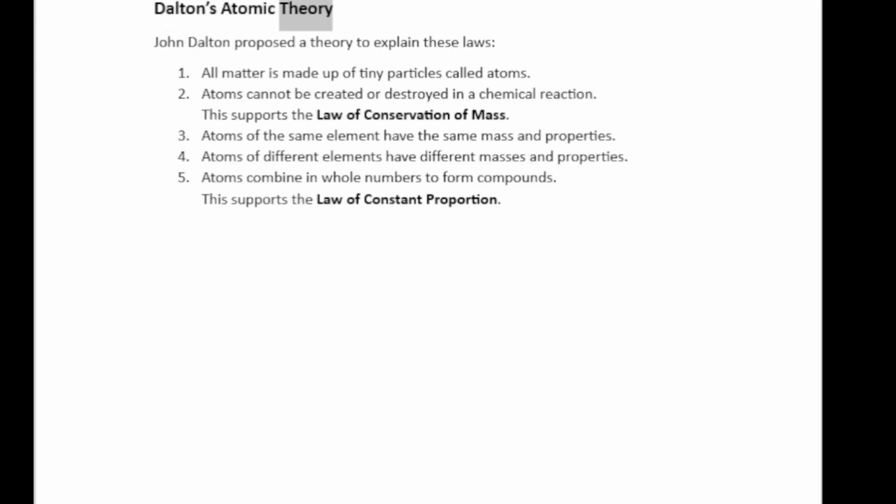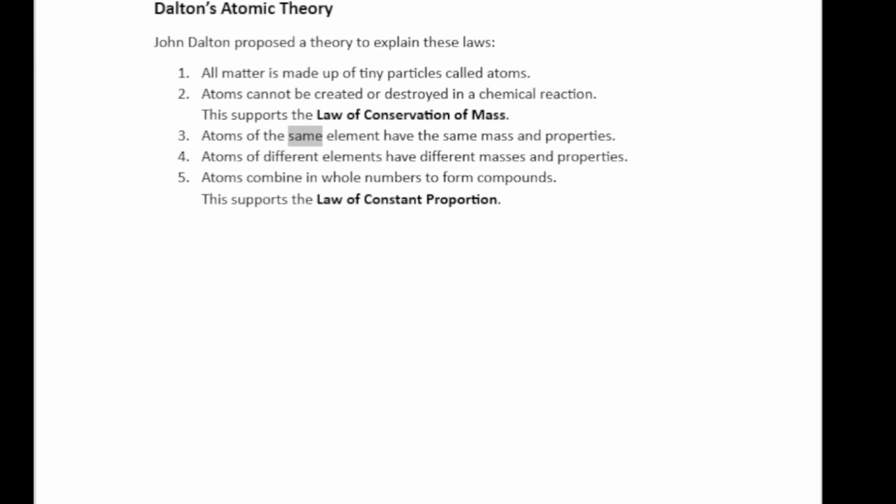Dalton's atomic theory. John Dalton proposed a theory to explain these laws. All matter is made up of tiny particles called atoms. Atoms cannot be created or destroyed in a chemical reaction. This supports the law of conservation of mass.